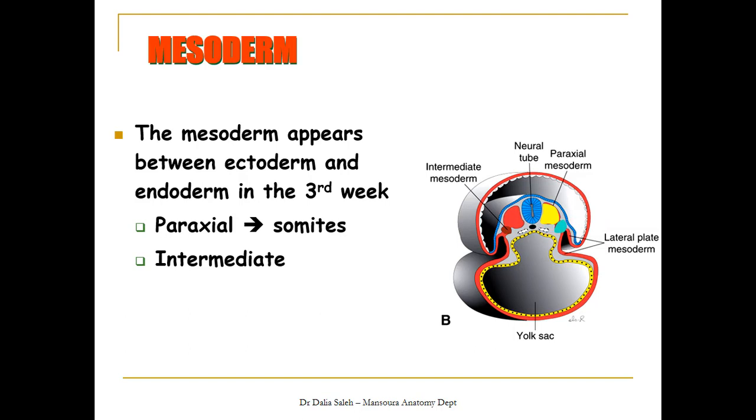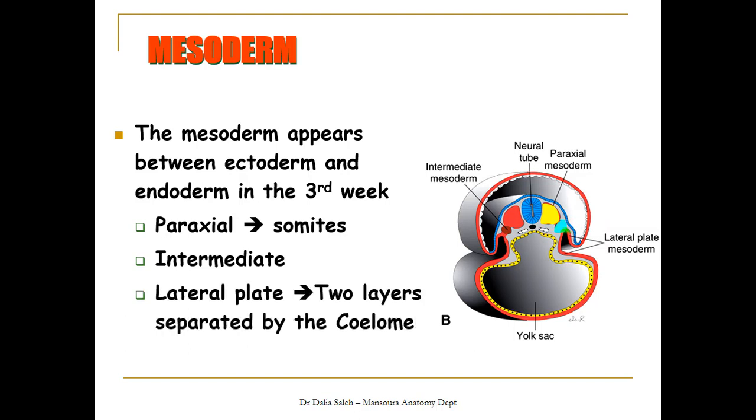Lateral to it lies the intermediate mesoderm, and lateral to the intermediate mesoderm we have the lateral plate of mesoderm, which will be divided into two layers, somatopleuric and splanchnopleuric layers, separated from each other by the intraembryonic coelom. The kidneys will develop from the intermediate mesoderm.